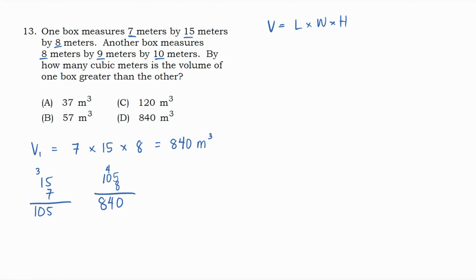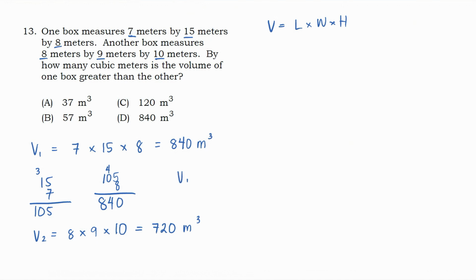And then, yung volume ng box 2 is equal to 8 by 9 by 10. So, 90 times 8. So, 8 times 9 is 72. Times 10 is 720 meter cube. And then, ayan, by how many cubic meters is the volume of one box greater than the other? So, ibig sabihin, ima-minus natin sila sa isa't isa.